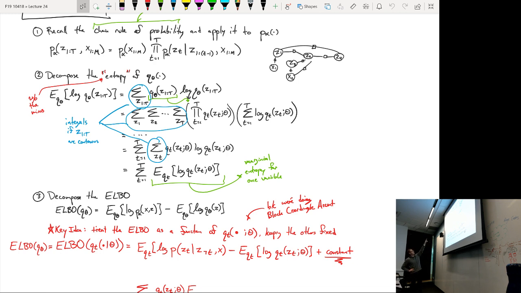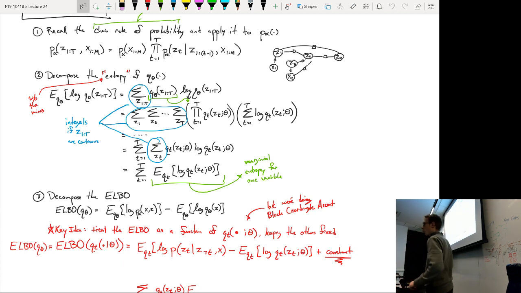Okay? And there's all these terms. There's p of x, there's p of each of the individual terms in that product. And we get this by essentially applying the chain rule with zt last in the order.